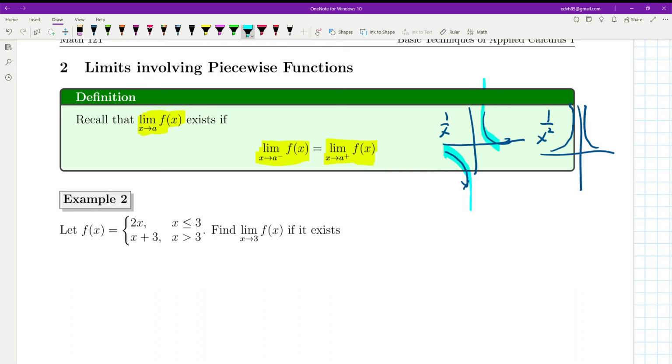Both of the limits disagreed, so the limit was a DNE. However, for 1 over x squared, from either side the limit is the same, positive infinity. Well, it's still DNE technically because it's infinity, but in this case it's positive infinity.